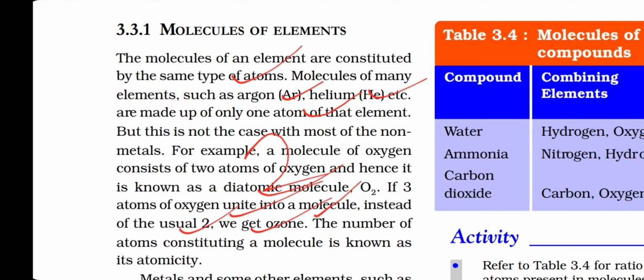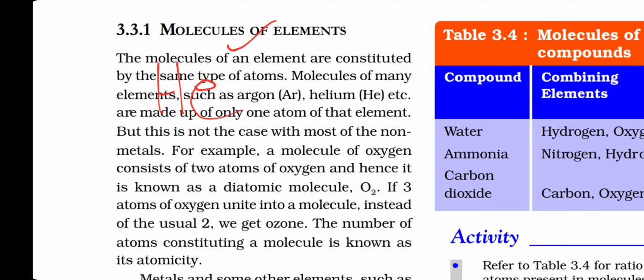The number of atoms in a molecule of an element is known as its atomicity. Atoms of the same element combine together to form molecules.